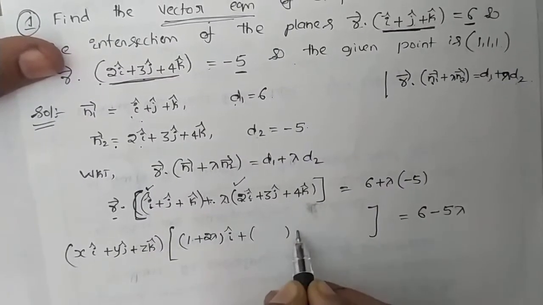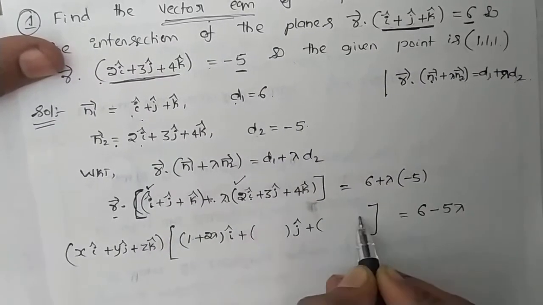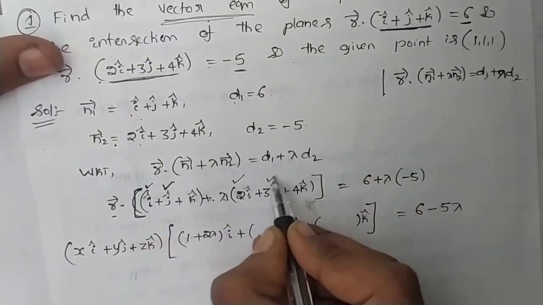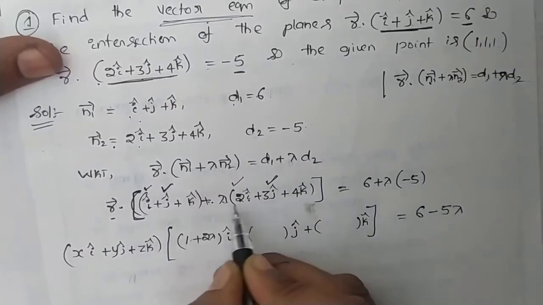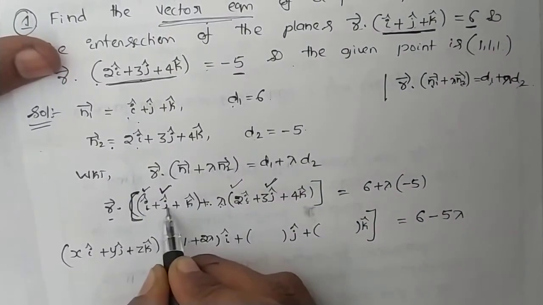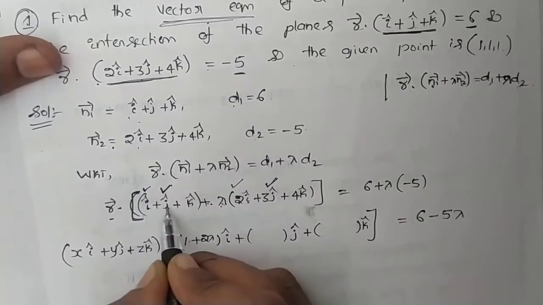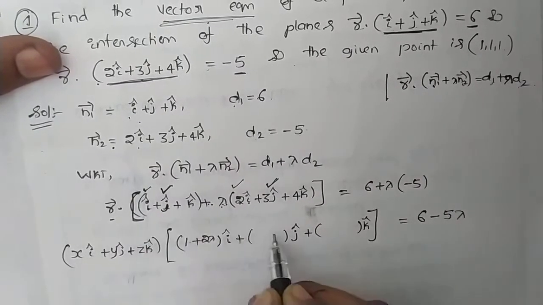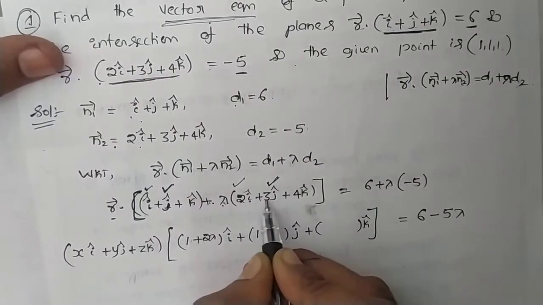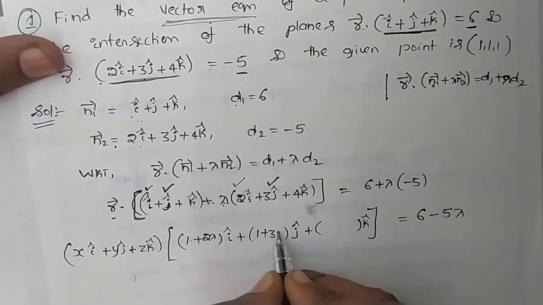Next, for j cap, taking j common, the component will be 1 plus 3 lambda.